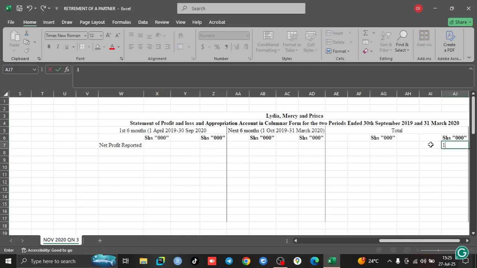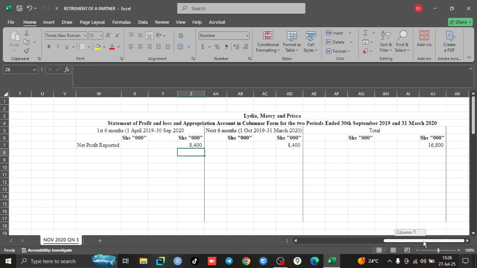So if it's equal to the durations, we'll apportion it equally. So 16,800 over 2 and 16,800 over 2. So that's the profit for the 6 months each of the durations.